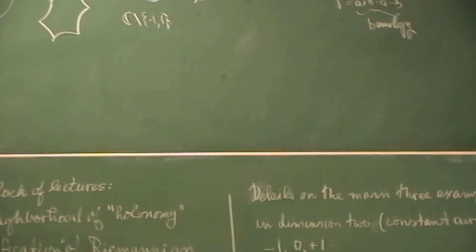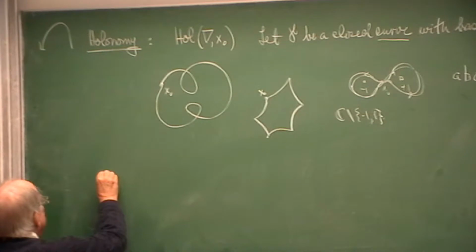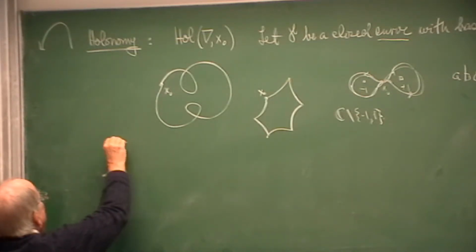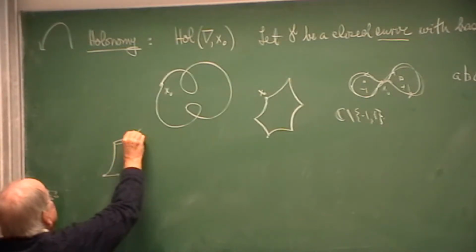Now, as your author, in this case Mr. Lee, who was a mathematical physicist at one point, I think, explains very carefully, we need to take a curve, and now take parallel transport of something along a curve. And then we come here and we start another curve, and we can take parallel transport around here.